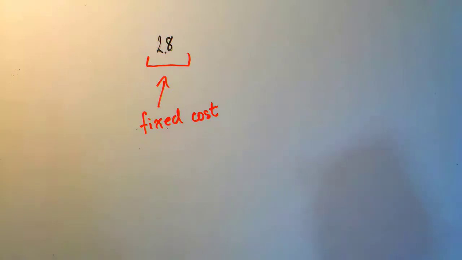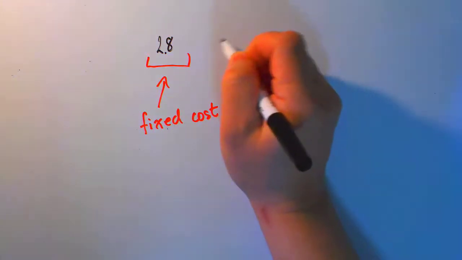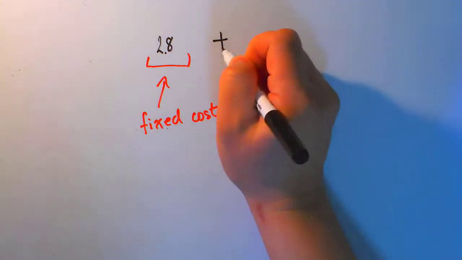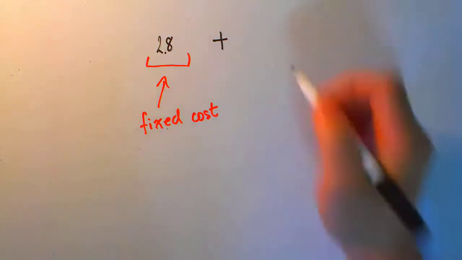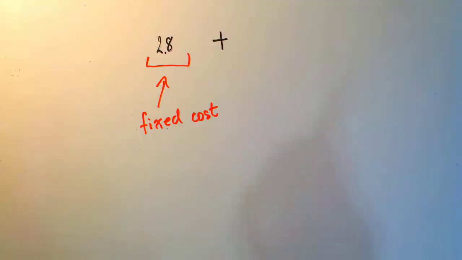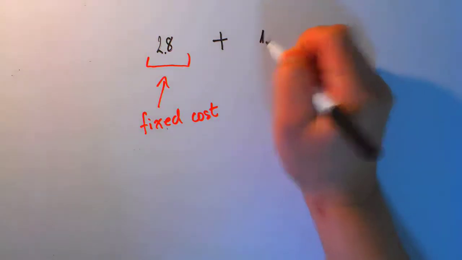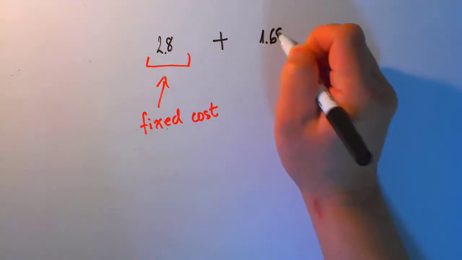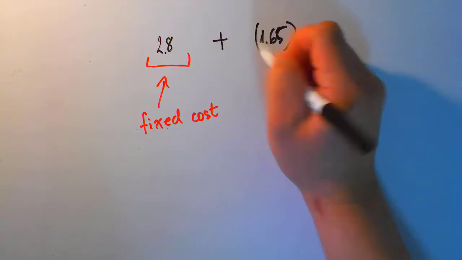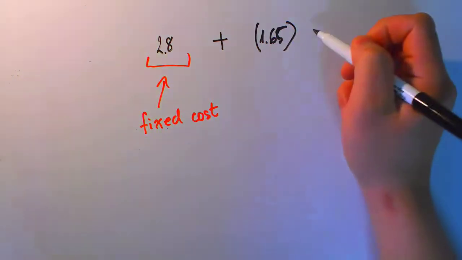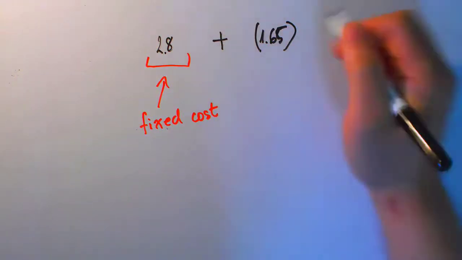And so after fixed cost, then there's the other cost that makes sense to come in. That's now the information said $1.65 per mile for each mile. So now this cost right here will become bigger as you travel or as you stay longer in the cab.